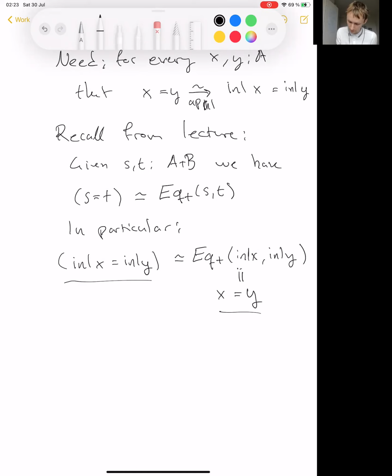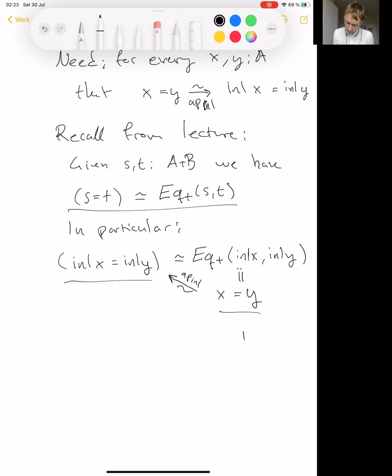But this inverse here, if you look at how we define it in the lecture, the map here was in fact just app in left. So by this lemma here, if we instantiate on in left, we get precisely what we need, because the function going from x equals y to in left x equals in left y was precisely app in left. So we're done.